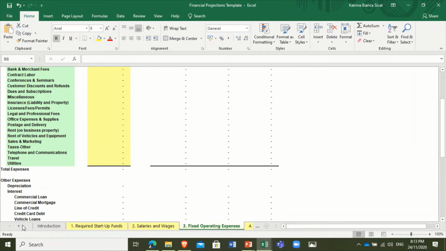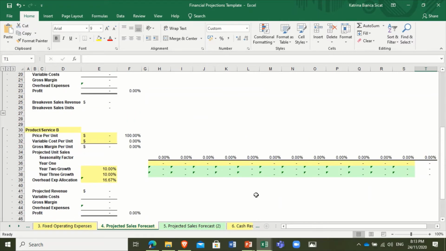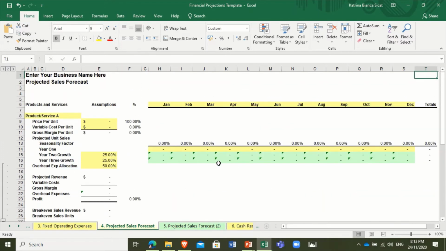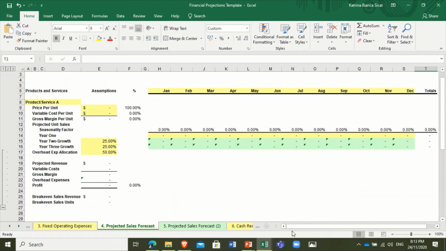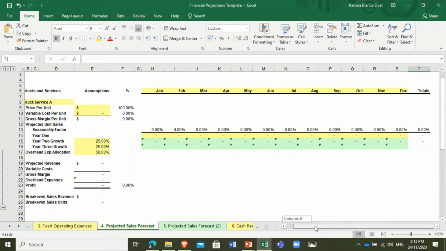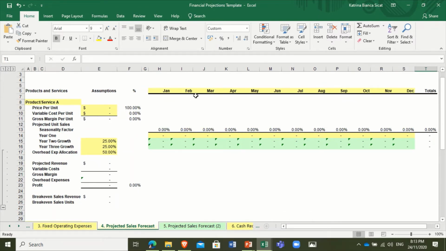Right? Next, we go to the projected sales forecast. Okay. Dito sa projected sales forecast, as you can see, it's a monthly basis. Okay? Why? Because for some products or service, seasonal sila. That's why you have to make, again, meron na namang assumptions dito. Okay?